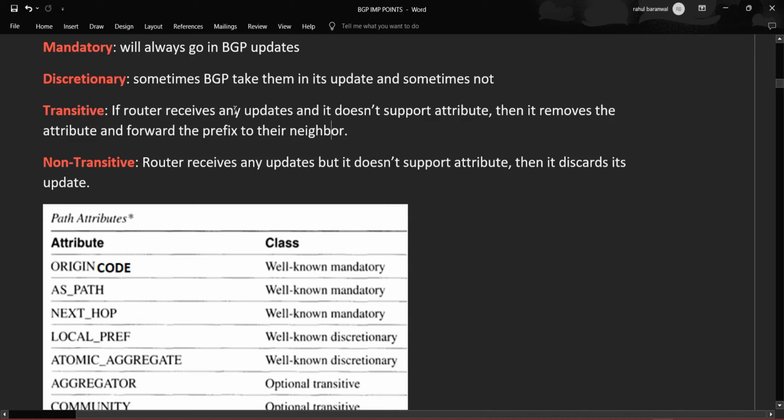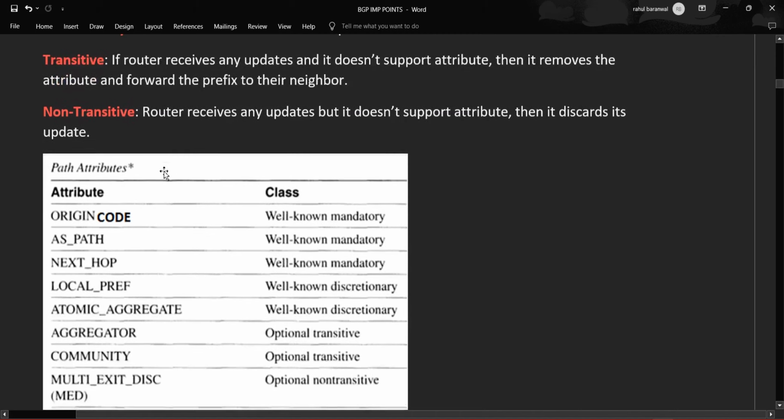If a router receives any updates and it does not support the attribute, then it removes the attribute and forwards the prefixes to its neighbor. In transitive, we can see the aggregator and community attributes come under optional transitive. The aggregator and atomic aggregate attributes come into the picture when we perform aggregation. Aggregation means summarization. So if we do not summarize the networks in our BGP, then these two attributes will not come into the picture.